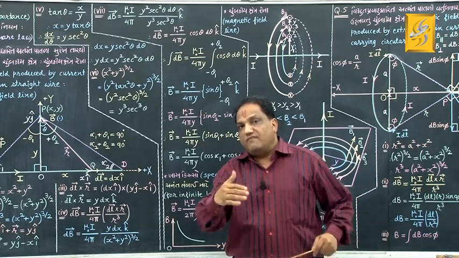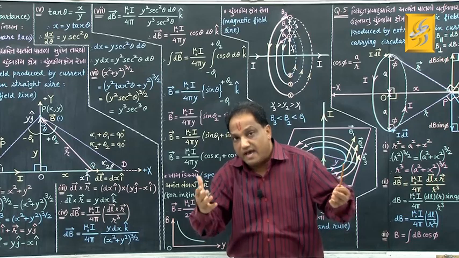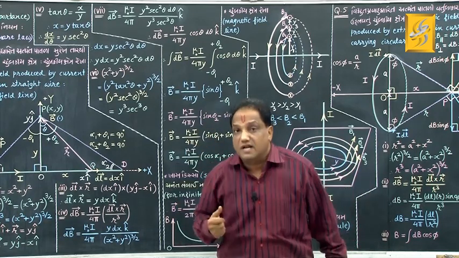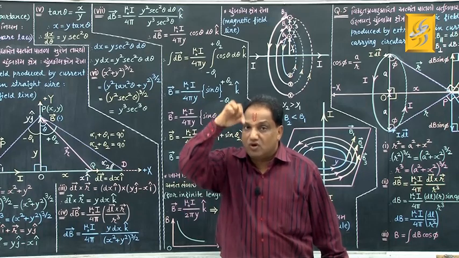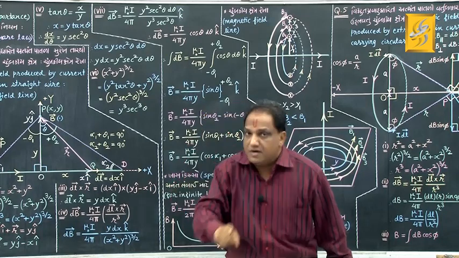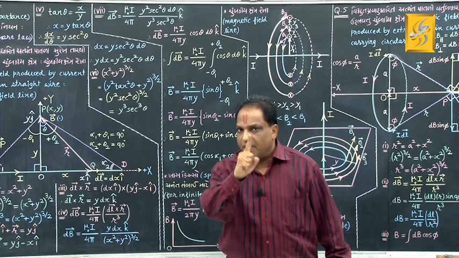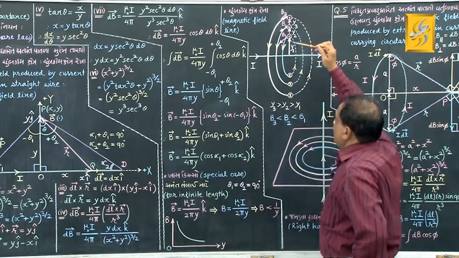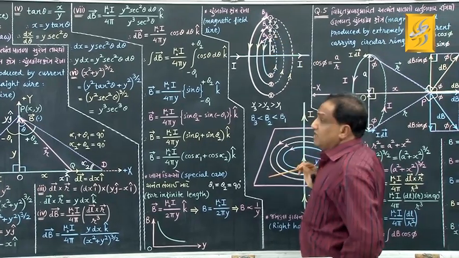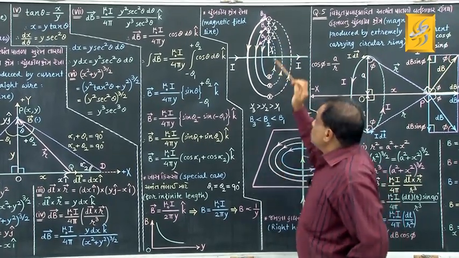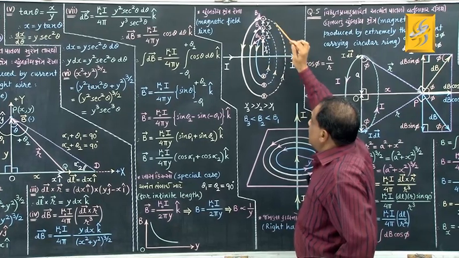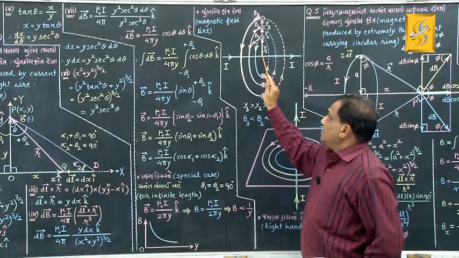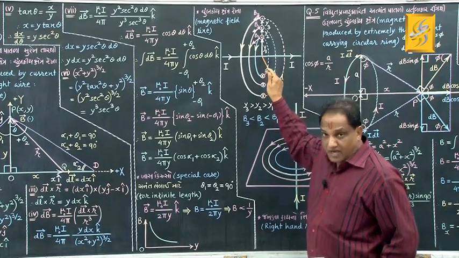Remember, the magnetic field produced around the wire has magnetic field lines in the form of concentric circles whose common center is on the wire itself. Now tell me, if you increase the perpendicular distance, what will happen? If you increase this perpendicular distance, it means you are increasing the radius. So here I have shown some concentric circular magnetic field lines whose common center lies on the wire itself, okay?